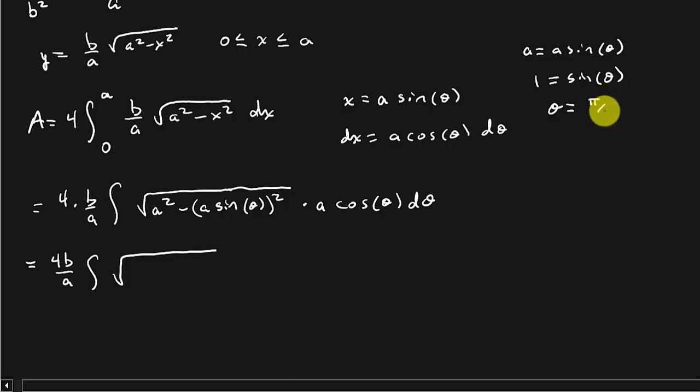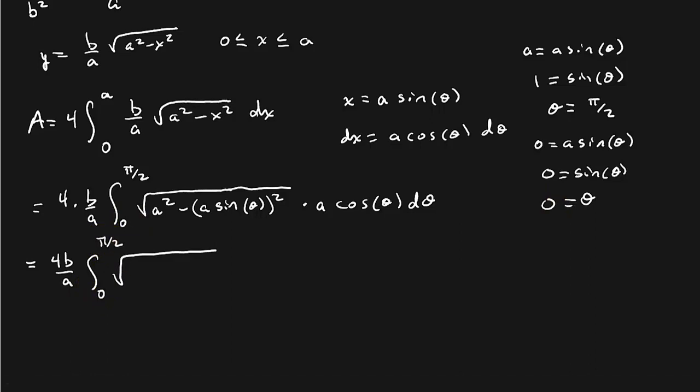At pi over 2. So this should be pi over 2. And then I plug the 0 in for x. So 0 equals a sine theta. Divide both sides by a. Sine theta equals 0, which means theta is equal to 0. So 0 to pi over 2.